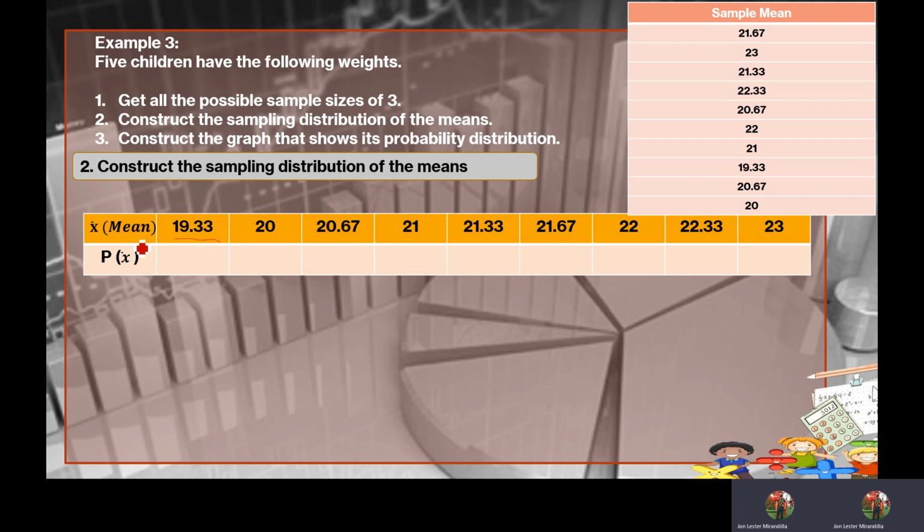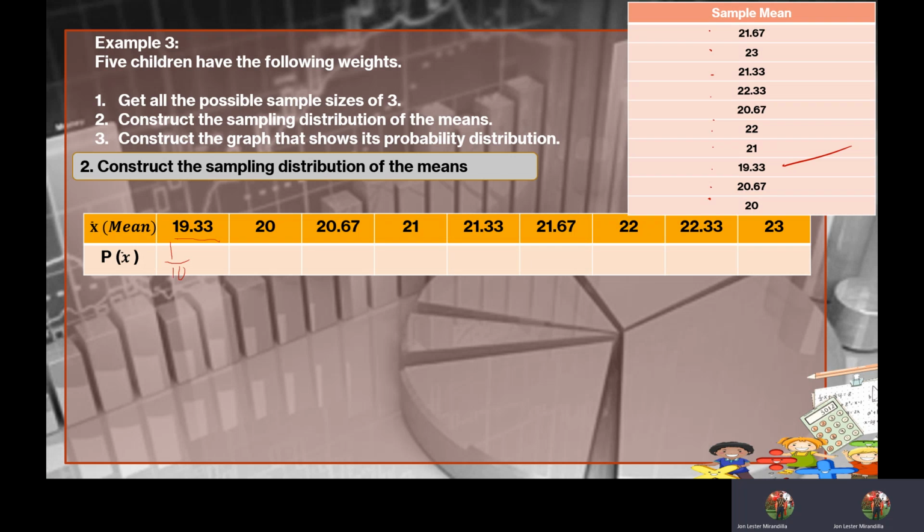Kukunin natin ngayon yung probability niya. So, kung mapapansin nyo, ilang beses bang nag-occur si 19.33 dito sa ating sample mean? We have 1. Ilang values meron tayo sa sample mean? We have 1, 2, 3, 4, 5, 6, 7, 8, 9, 10. The probability of getting the mean of 19.33 is 1 out of 10.